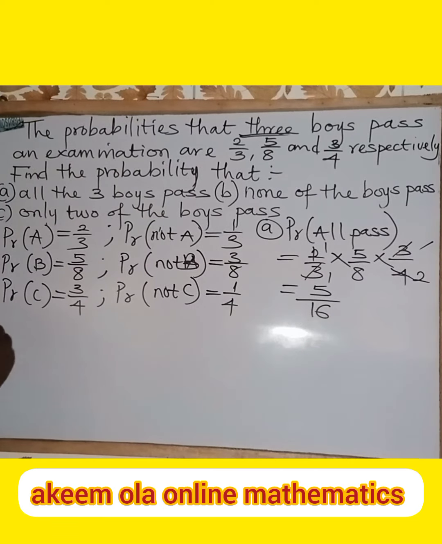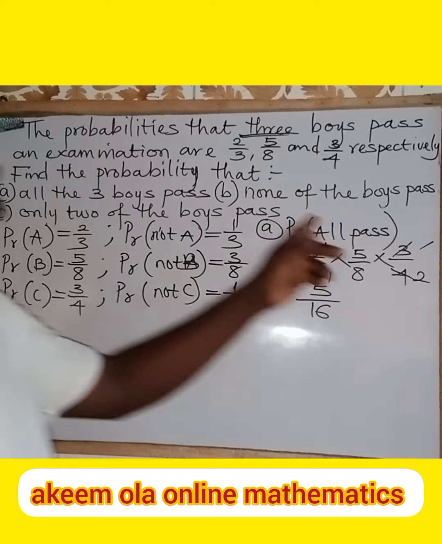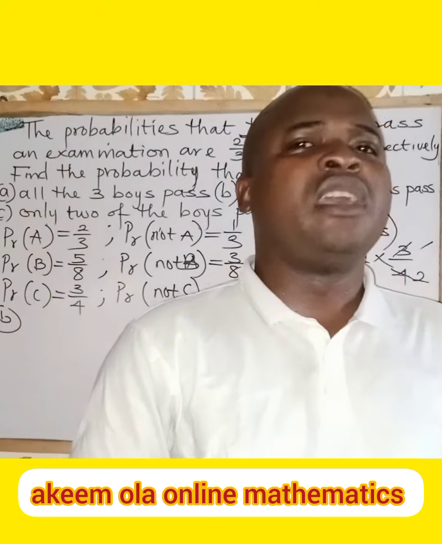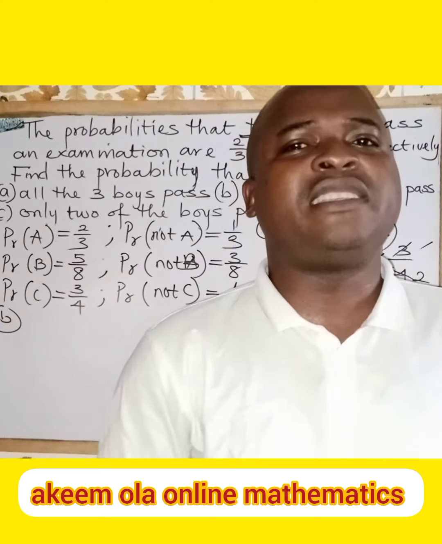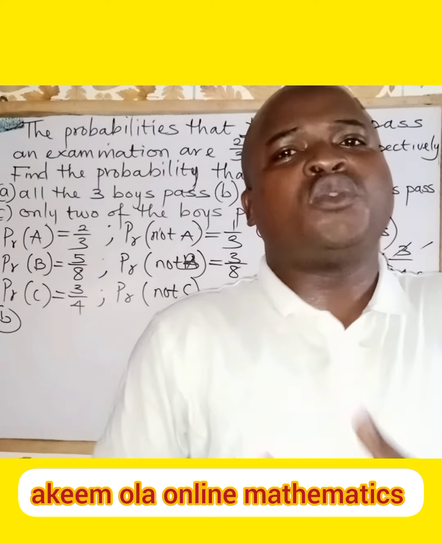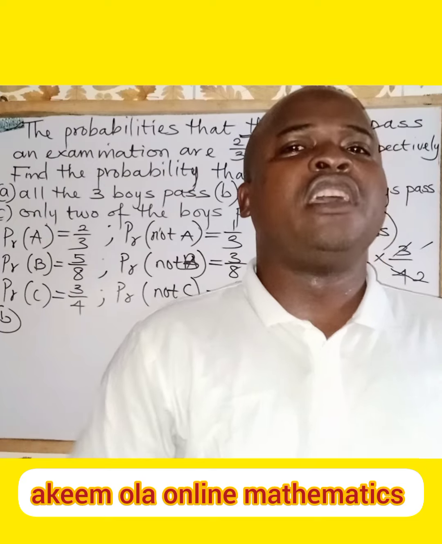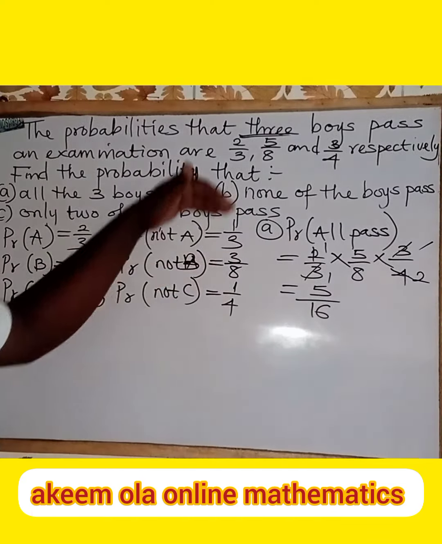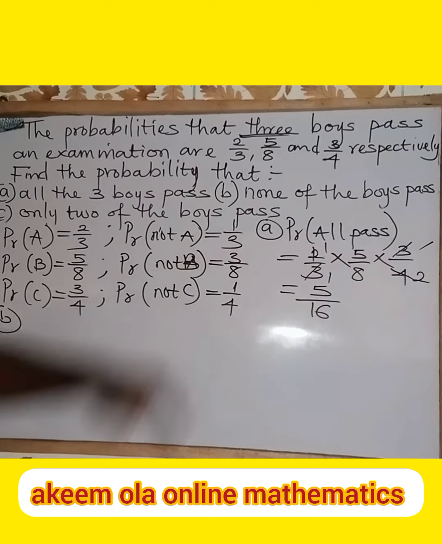We have the second part of the question, B. Probability that none of the boys pass. That second question deals with the probability that each of the three students fails the examination, the probability of failure. And we are going to consider that none of them passes means the three of them fail the examination.